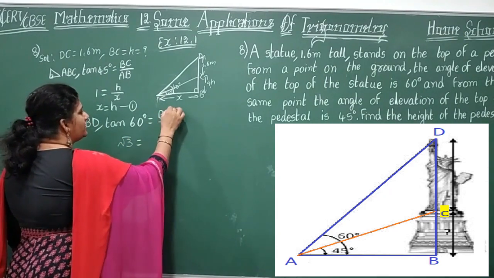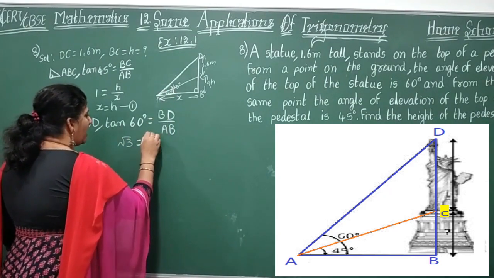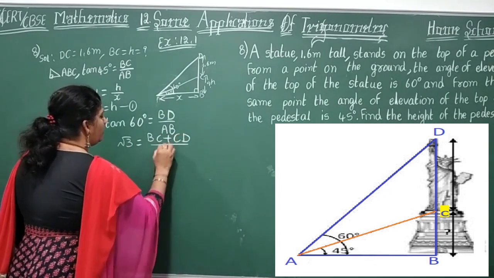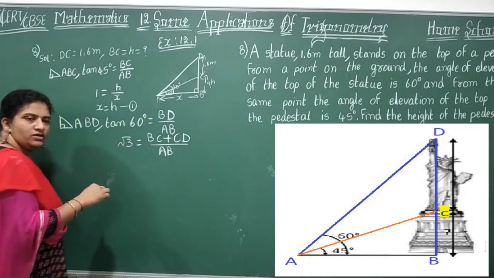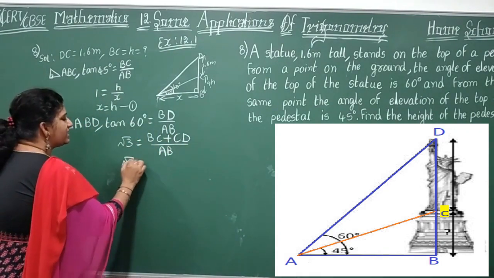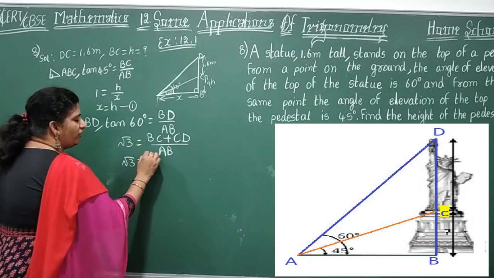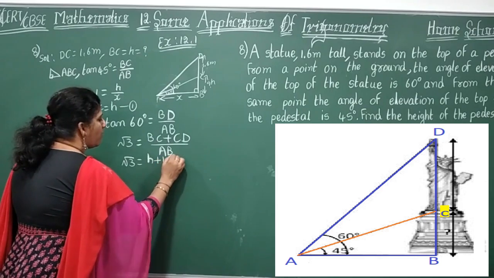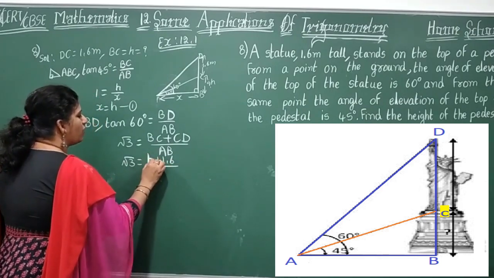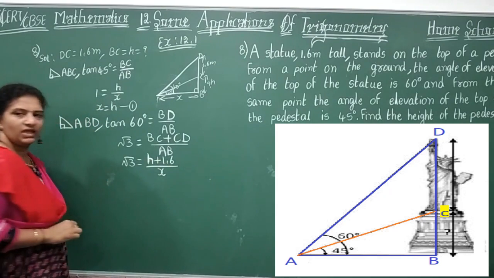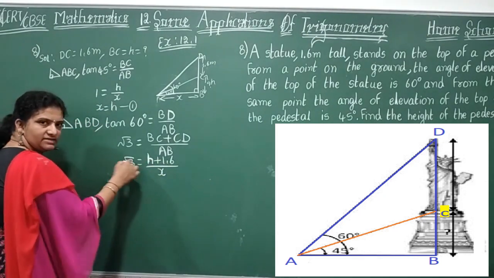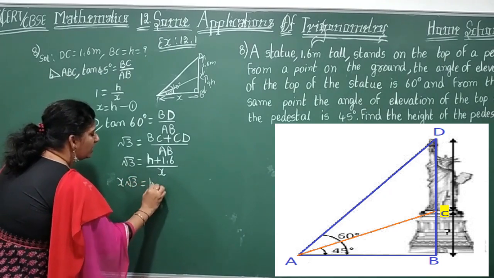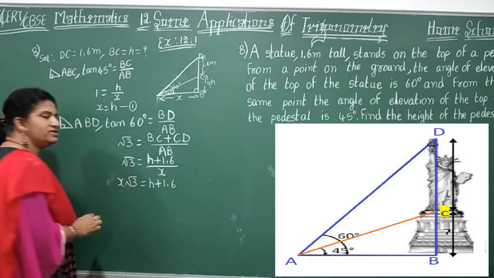Look here children, this BD we can write as BC plus CD by AB. BC value we don't know, we have assumed it as H, and CD value is 1.6. AB, what is AB? X. Now send this X this side. X root 3 is equal to H plus 1.6.